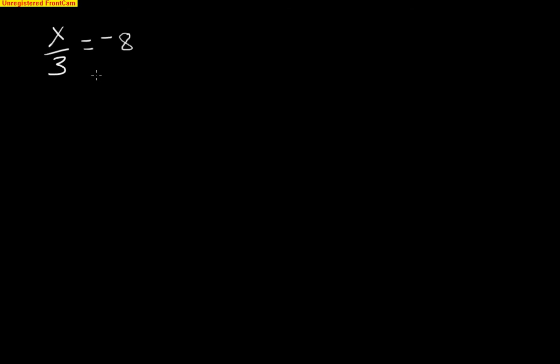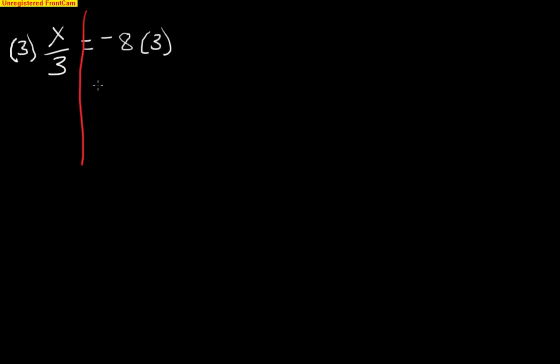Okay, so again, let's put the line that separates the two parts of our equation here. Okay, so what we're looking at is x divided by 3 on the left hand side. So the opposite of division is multiplication. So we're simply going to multiply both sides by 3.